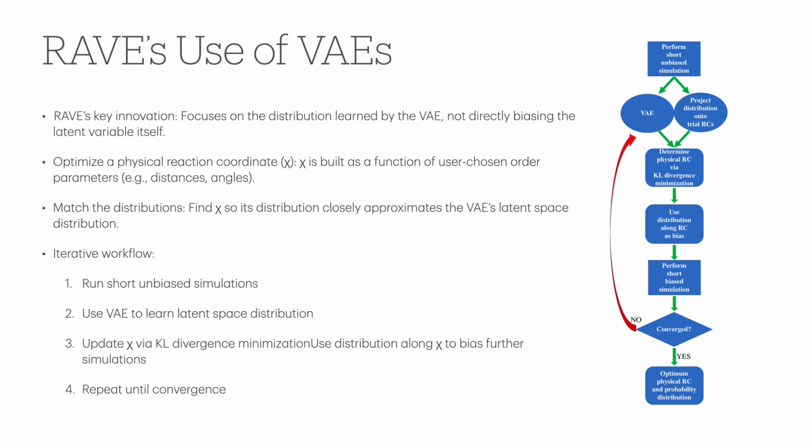That's the whole key thing: we're discovering reaction coordinates, biasing, and then repeating, discovering reaction coordinates, biasing, and we keep doing this iteratively until we have some convergence. That's the key part of RAVE: we're doing these things simultaneously, in an iterative manner, and we're waiting for a convergence to happen.